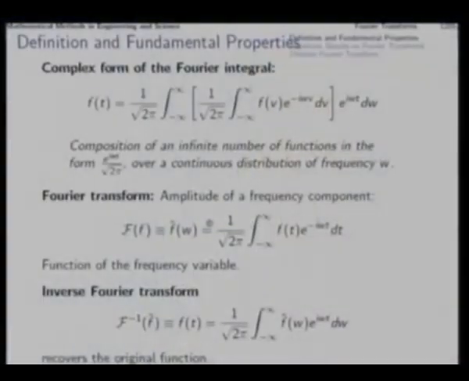Now, if we have this Fourier transform in our hand, then with the Fourier transform sitting here, e to the power i w t multiplied, dw put here and integrated like this, this integral will recover the original function, that is the inverse Fourier transform.